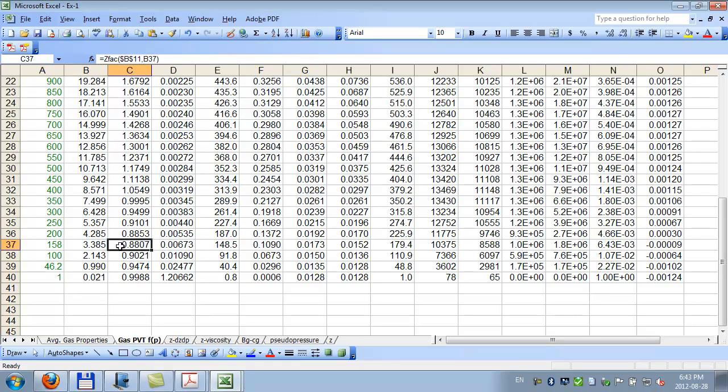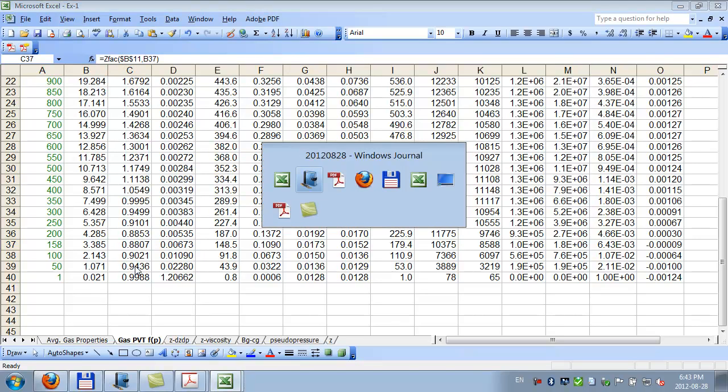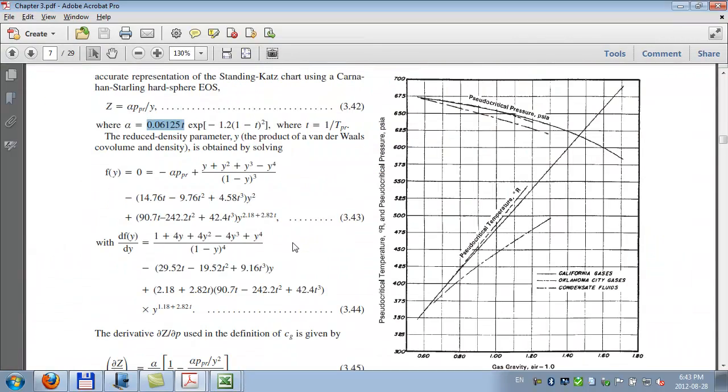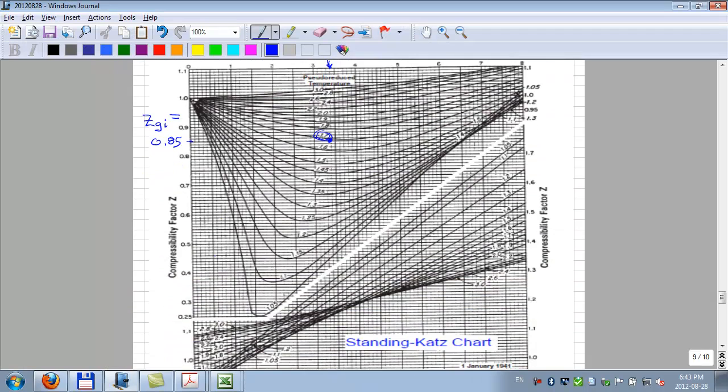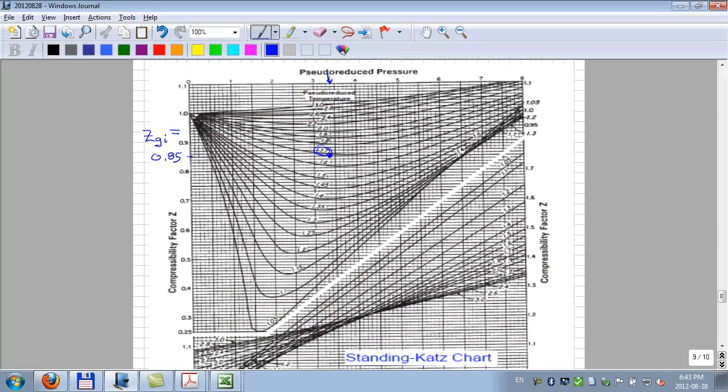So it's getting 0.88, and we got 0.85. Well, it's not great, but... This should have been left at 50. Okay. So 3.4 is the reduced pressure, and then this equation solves 0.88. A little bit surprised it was that far off. I might have misread it.